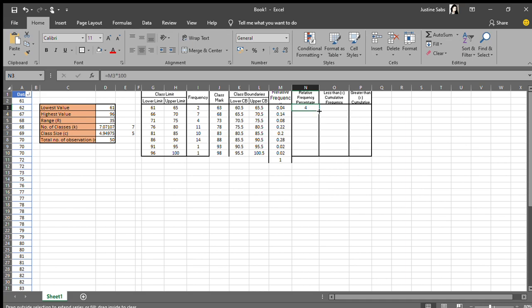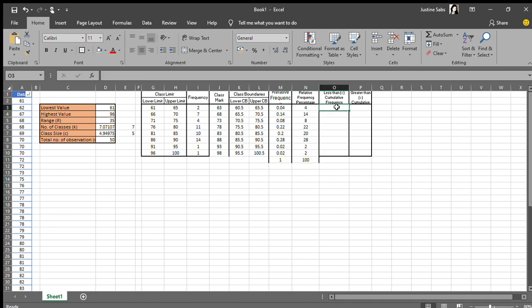Drag down again. The sum of the relative frequency percentage would be 100%. It is always like that.